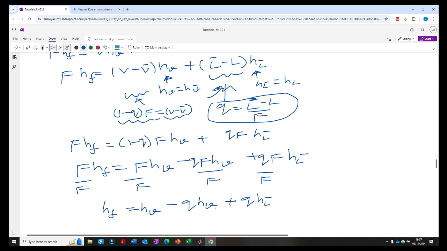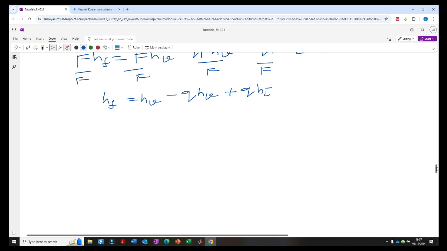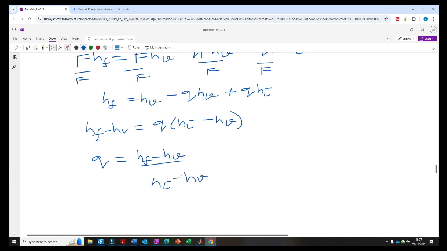Always remember that enthalpy is something like the quantity of heat that you carry, or the quantity of heat generated if there is a chemical reaction, so something related to the quantity of heat, not the temperature itself. So HF minus HV is equal to Q times HL dash minus HV, or Q is equal to HF minus HV divided by HL dash minus HV.